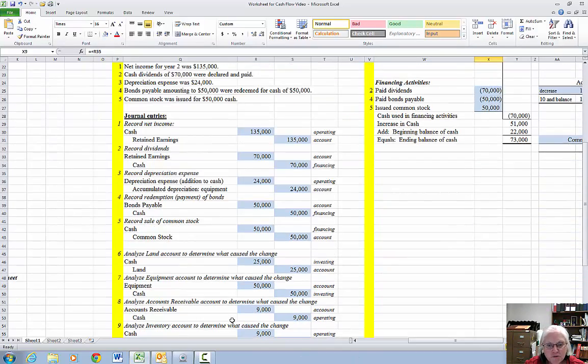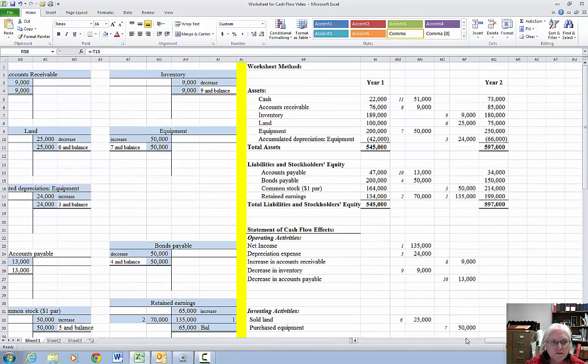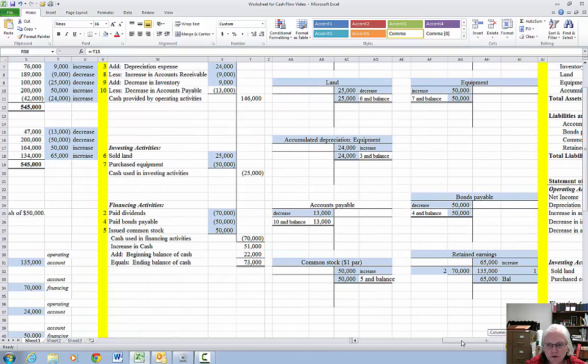And then the last one, it looks like accounts payable has decreased by $13,000. That's the change. Go up to my T account. I went too far, of course. Debit accounts payable for the decrease. That takes care of that account.